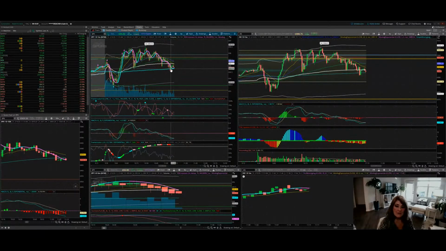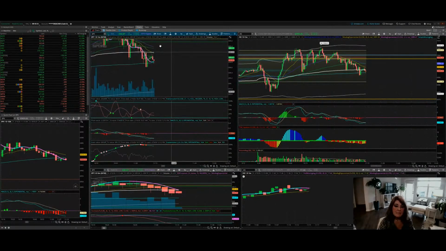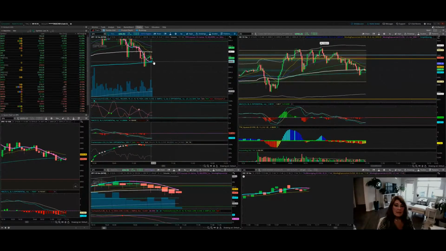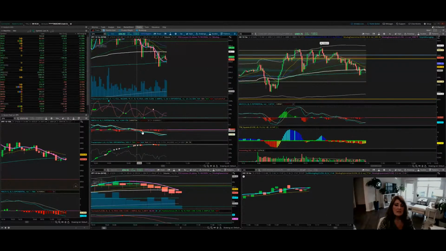All right, we're about, looks like, to break the 200 here. Let's see. Let's zoom in a bit. Getting a little testy here at the 200. And the MACD has kind of been in this little downward spiral here for 45 minutes.